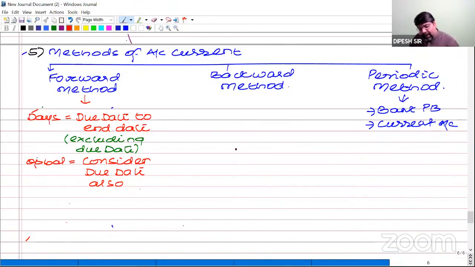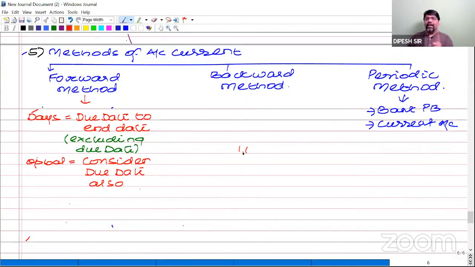That means suppose you purchased on 1st of January. If the due date of the transaction is 1st of January, then you will not include 1st of January. But if opening balance is on 1st of January, you will include 1st of January. Make this thing very clear.